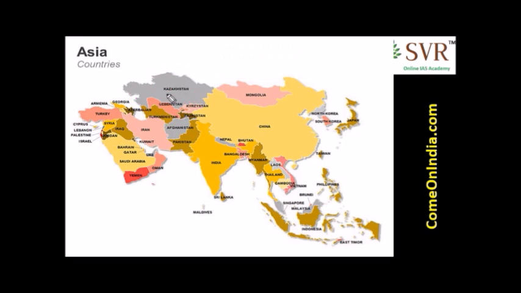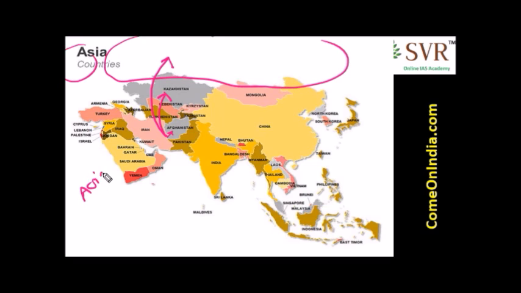How to trade with Central Asia? There is no direct land access to this region. So India is finding it very difficult to trade with Afghanistan on one side and Central Asia on the other side, and also with Russia. Here, Russia is located.